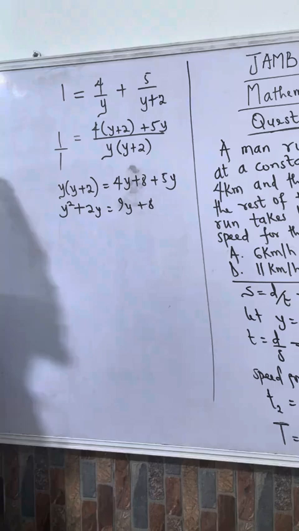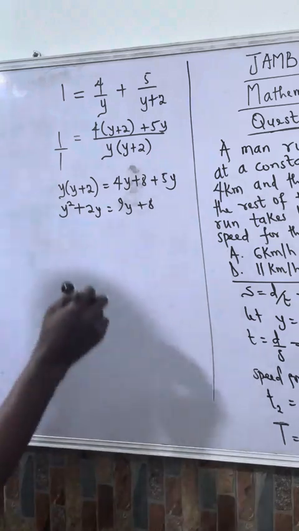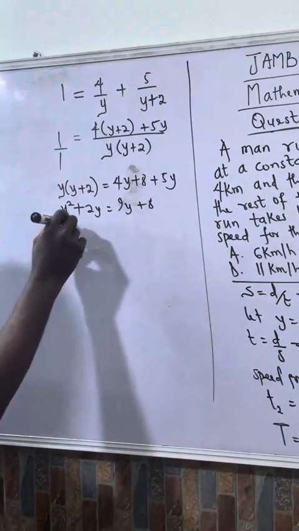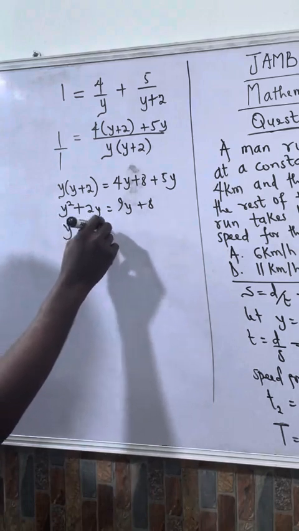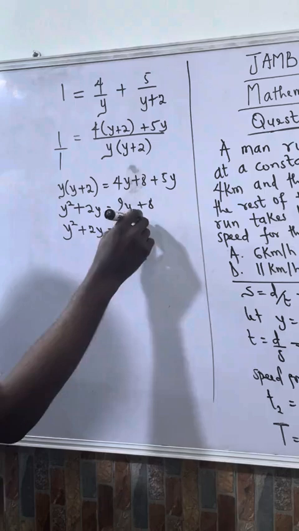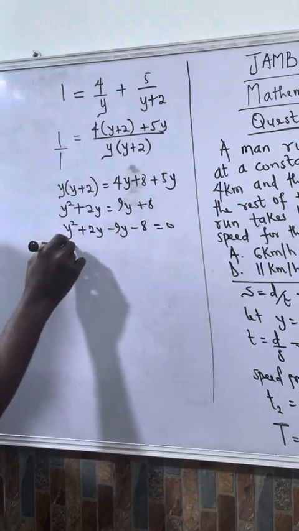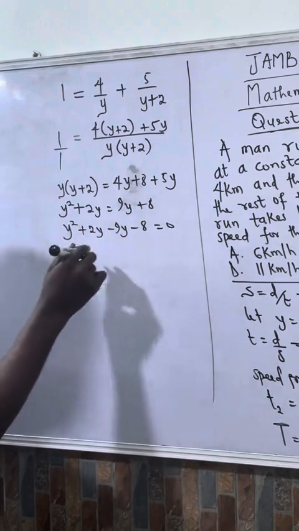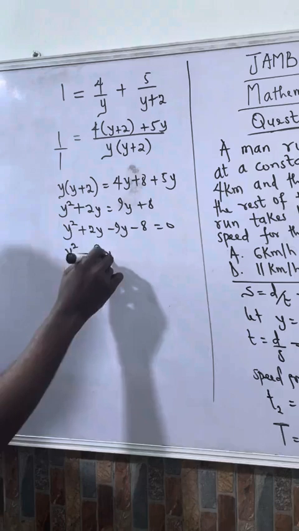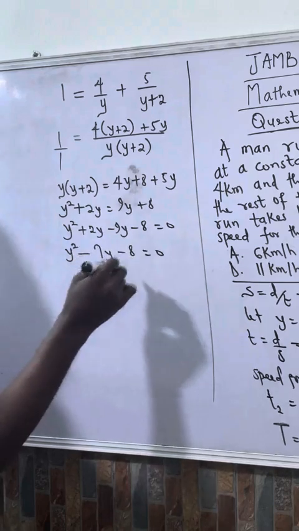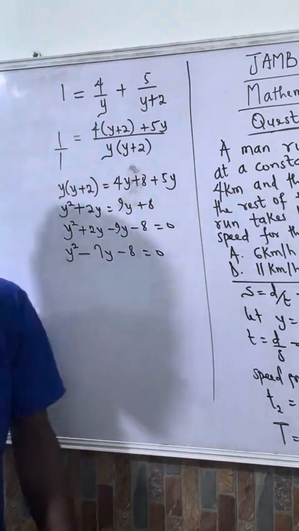So let's rearrange this. This is leading to quadratic equation. This will give me y squared plus 2y minus 9y minus 8 equal to 0. So this and this, we are having y squared, minus 7y minus 8 equal to 0.